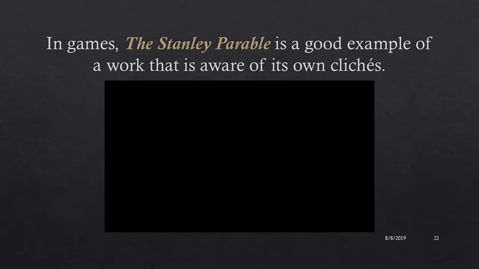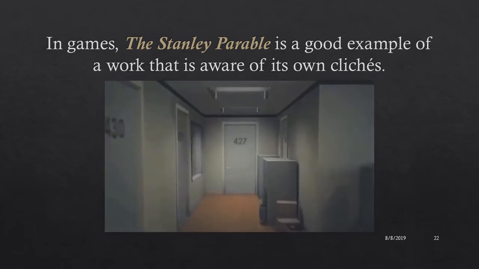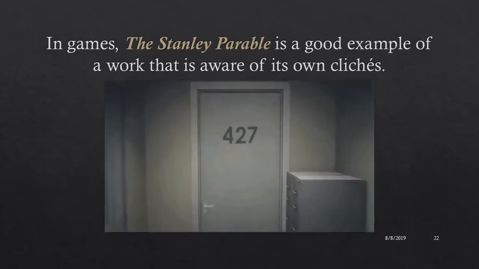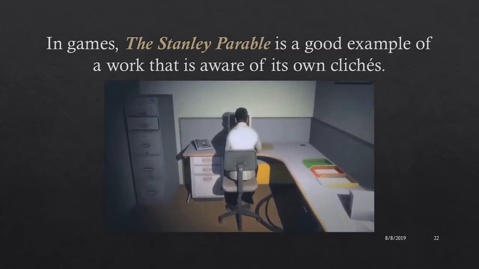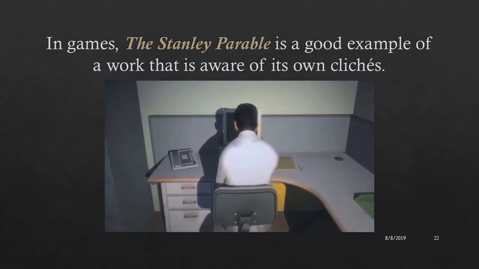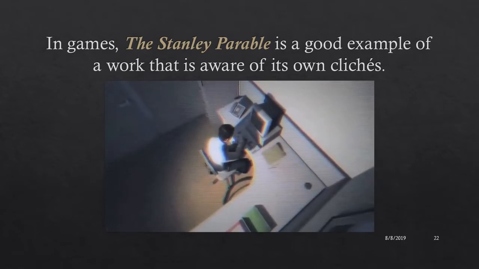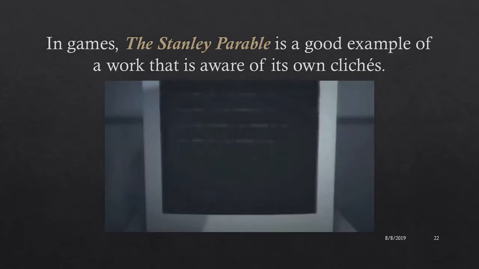This is the story of a man named Stanley. Stanley worked for a company in a big building where he was employee number 427. Employee number 427's job was simple. He sat at his desk in room 427 and he pushed buttons on a keyboard. Orders came to him through a monitor on his desk, telling him what buttons to push, how long to push them, and in what order.